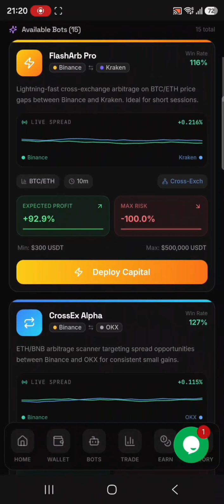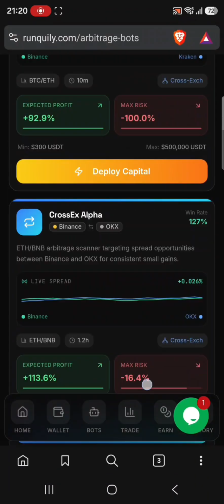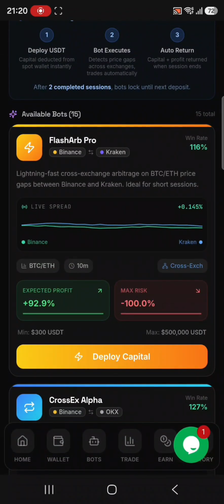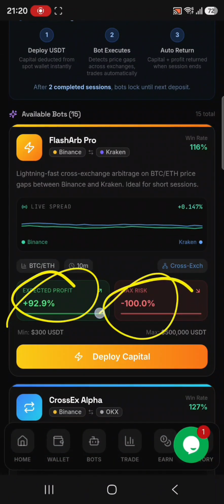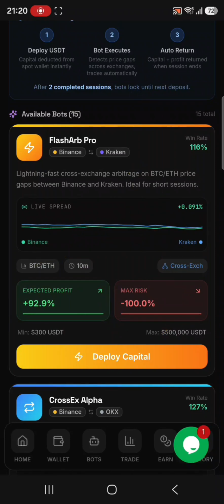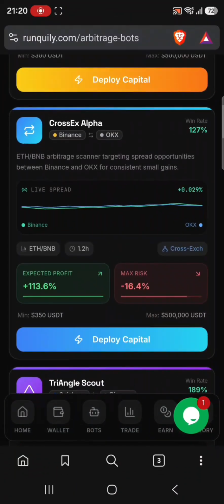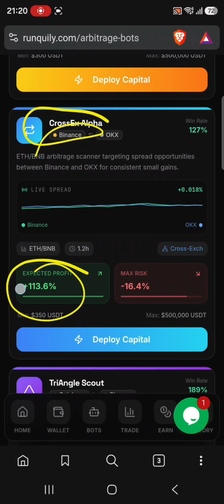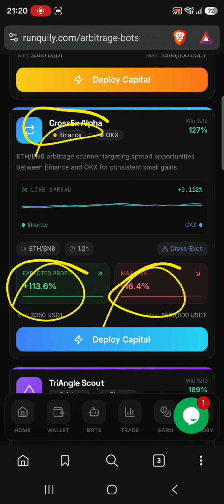So just come, find the bot that is running on profits. In profits, you check expected profit and the maximum risk. So if you minus expected profit minus maximum risk, it should give you a plus. If it is a negative, that means the bot is running in losses. So a bot like Coin X Alpha is trading at 113 profit percentage and 16 loss percentage.